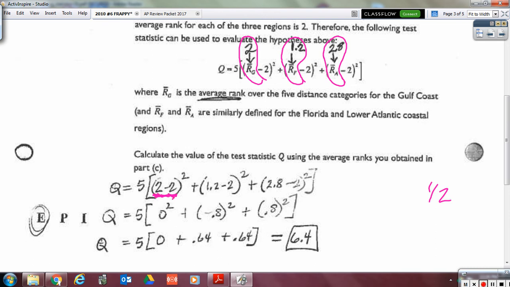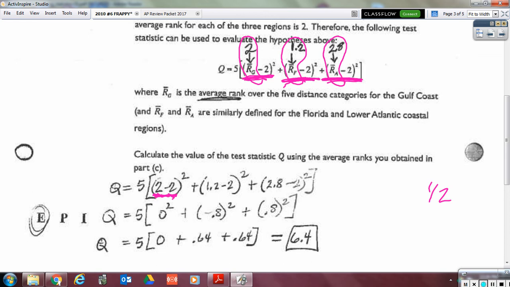So this, in a sense, is a measurement of comparing the Gulf Coast observed and expected, comparing Florida's observed and expected, and comparing the Lower Atlantic observed and expected, and then we are tallying up those differences. That's what chi-squared did. Do you remember that? And you see how they're all squared numbers? Okay, so it's so similar to chi-squared. I don't know what that 5's for, but anyway, it put it in there.